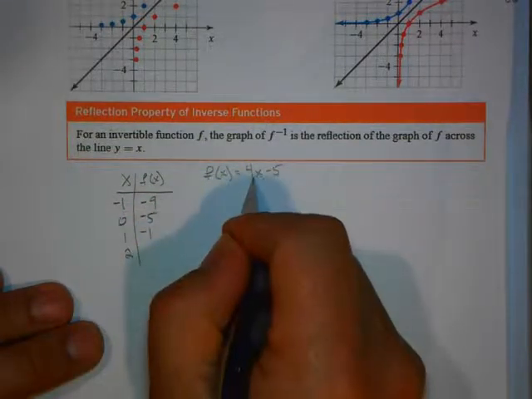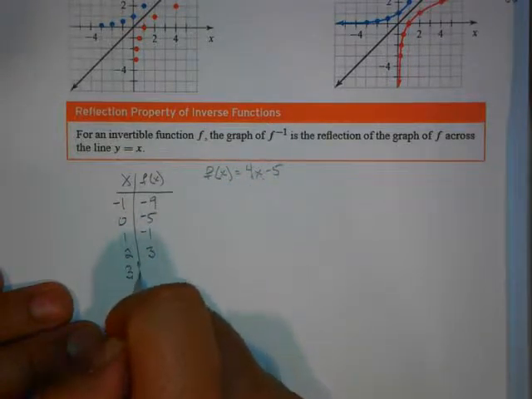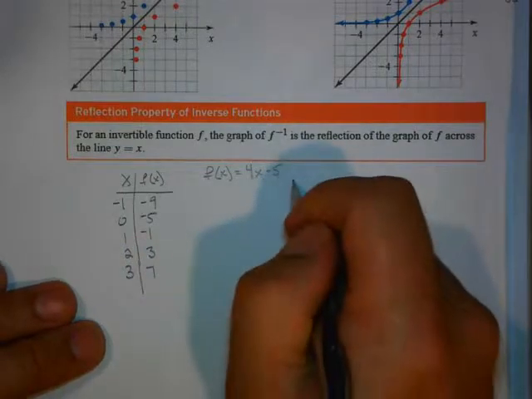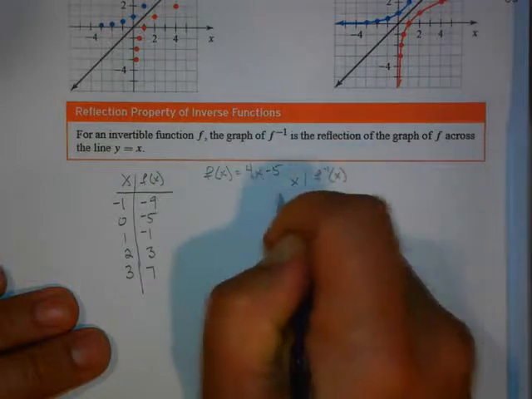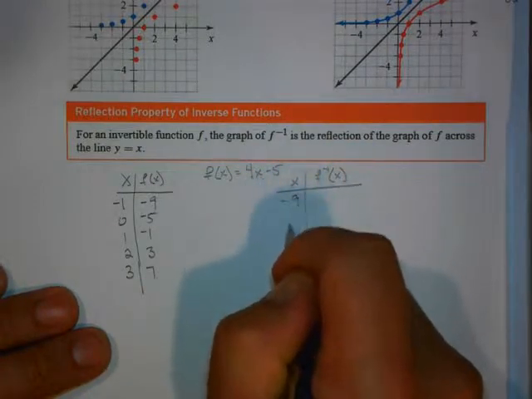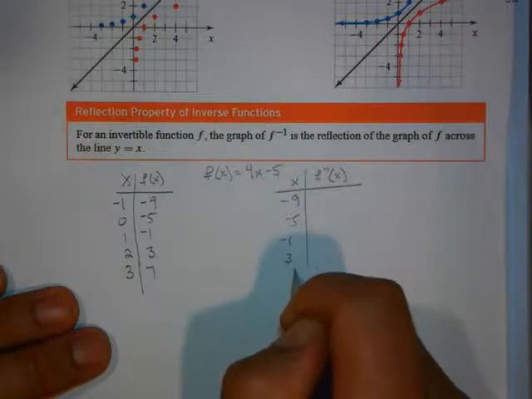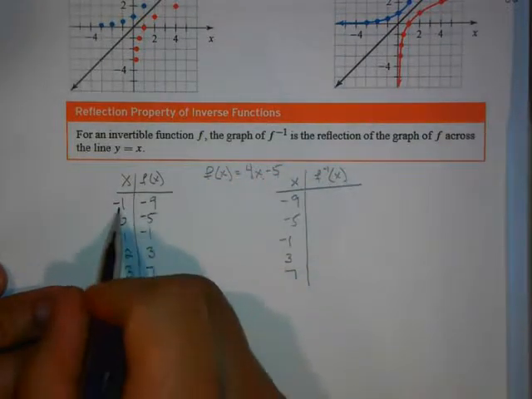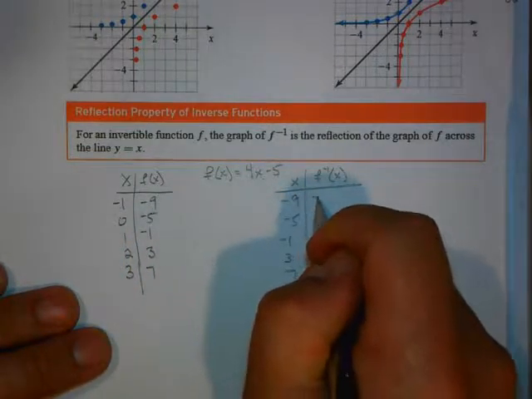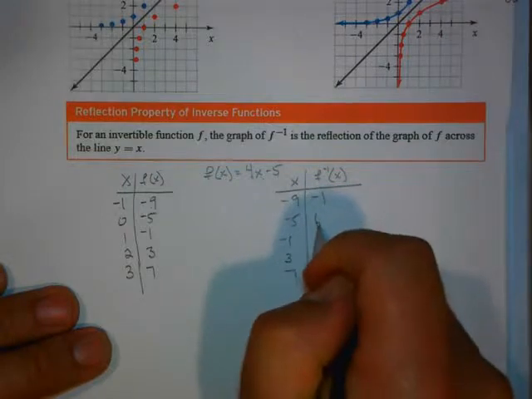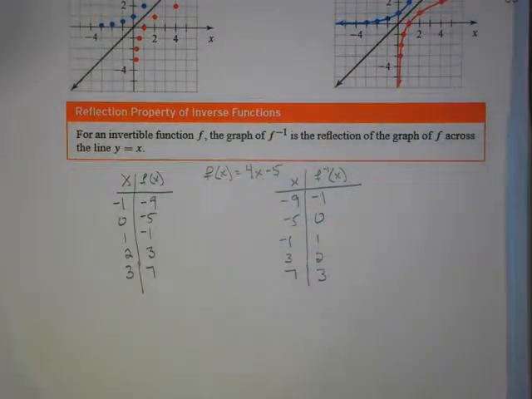And 3, we get 7. So now x, f inverse of x, so this is negative 9, negative 5, negative 1, 3, 7. So if I was to plot these points, negative 1 goes to negative 9, but on the other function, negative 9 goes to negative 1. 0, 1, 2, 3. So we're reversing those roles as we go back and forth.